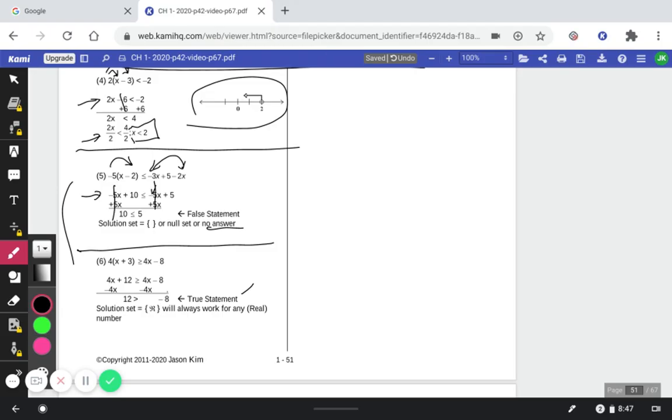So the answer for number 6 is many solutions. Compared to the answer for number 5, which is no solutions. Okay.